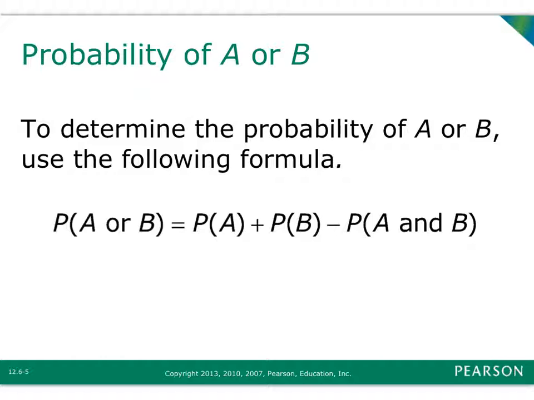The probability of A or B is equal to the probability of A plus the probability of B minus the probability of A and B. So the probability of A plus the probability of B covers the events A and B and their associated probabilities, and then we subtract off the overlapping probability of A and B. This is called the addition property of probability.